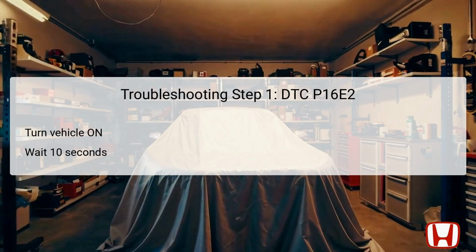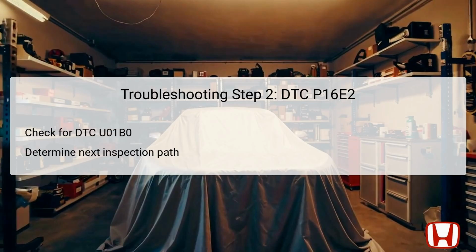This waiting period ensures that any transient faults or temporary communication issues are eliminated before deeper diagnostics begin. This systematic approach is vital to accurately determine if the P16E2 error is persistent and if it requires further inspection of the related circuits and components.